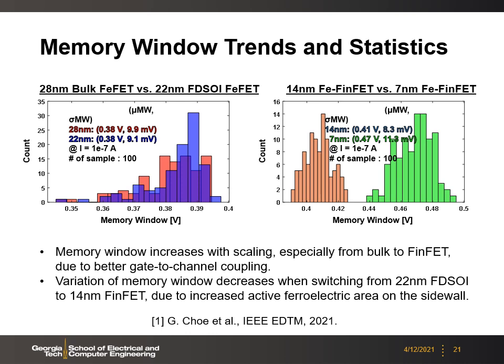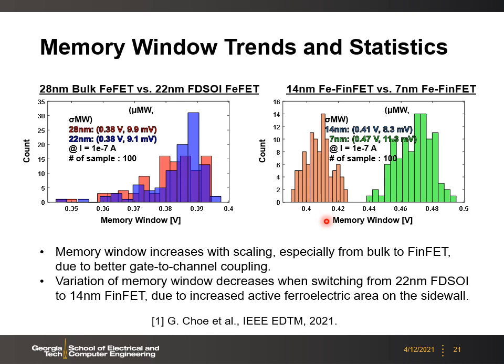Here we show the simulation results from 100 Monte Carlo runs of the TCAD simulations, and the memory window statistics of different structures. The first conclusion is that the memory window actually increases with the scaling, especially from the planar structure to the FinFET structure. This is due to better gate-to-channel coupling.